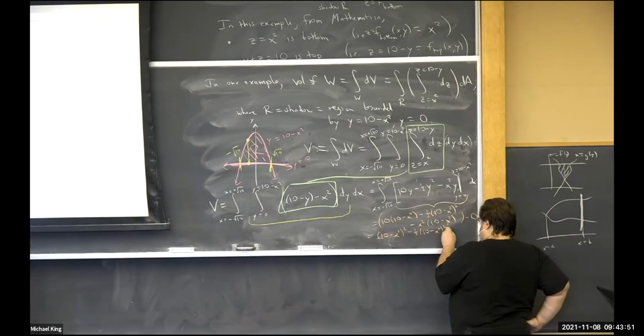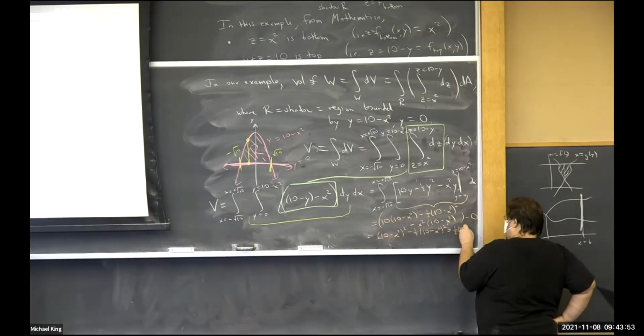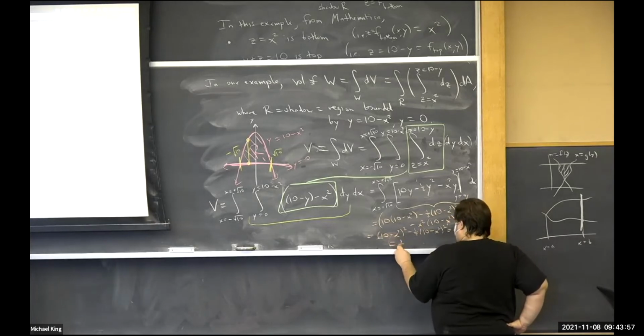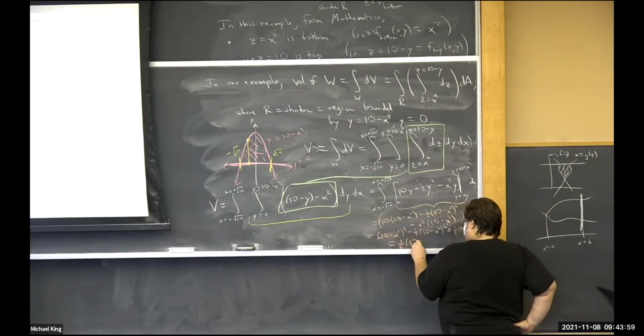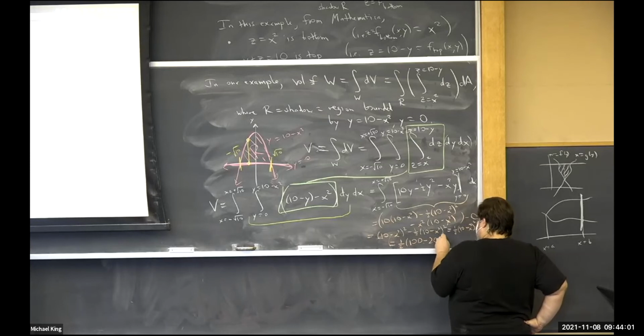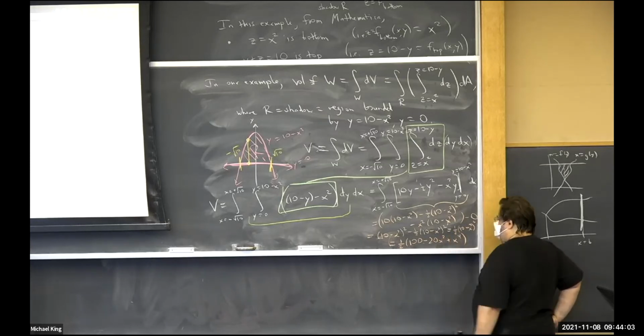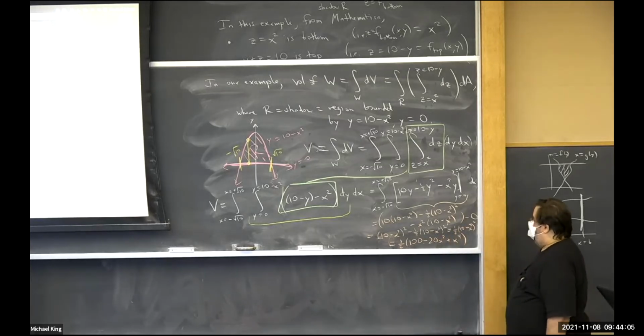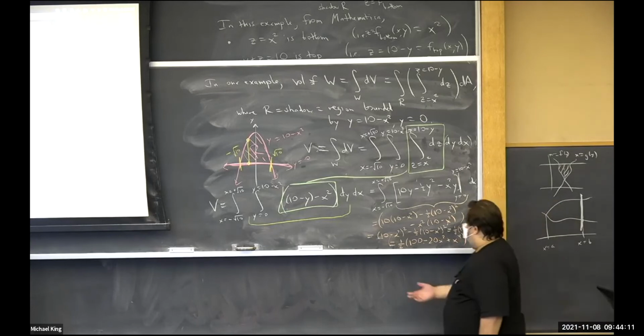So that's just a half of 10 minus x squared squared. This is a half 100 minus 20x squared plus x to the 4th. I'm just going through this quickly because I don't really care about the answer, but you can check me and make sure I'm not messing up.